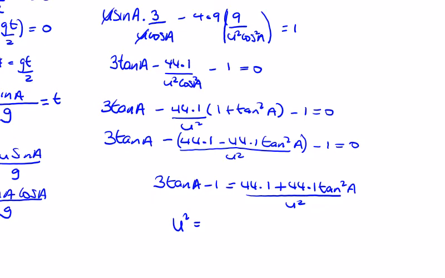So u squared is equal to 44.1 plus 44.1 tan squared alpha. Now we could factor out 44.1, but I'll leave it like this for now, over 3 tan A minus 1. So if we can get the second equation written in this form, we'll be able to let them equal each other. And then we should be able to just have tan A as the unknown, and we should be able to get A.